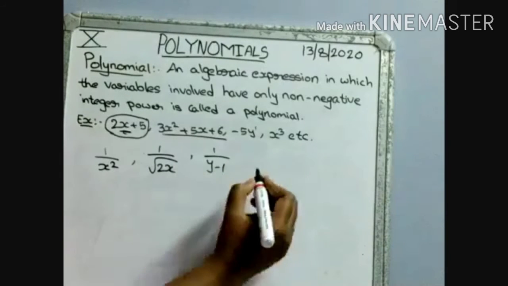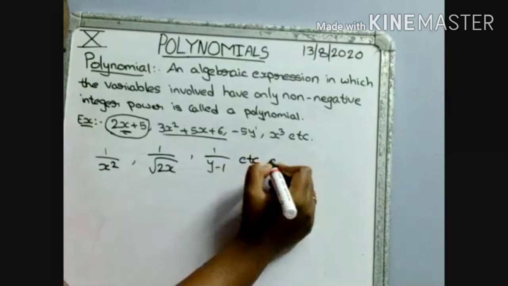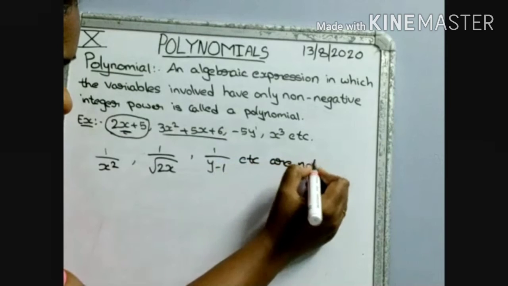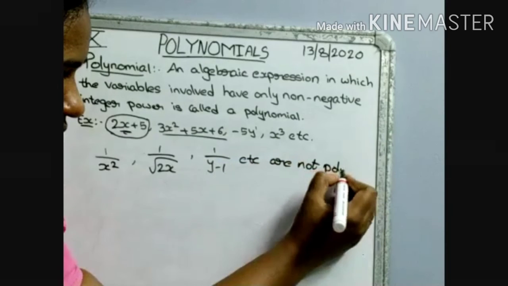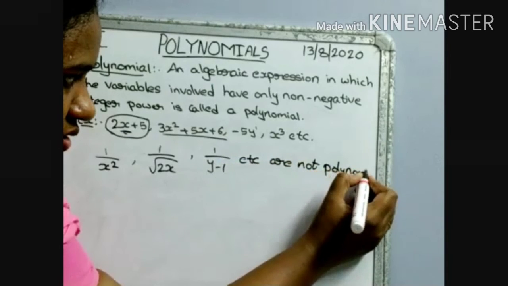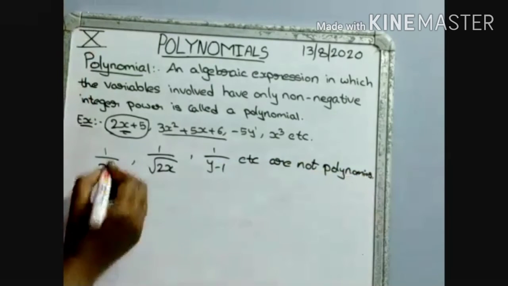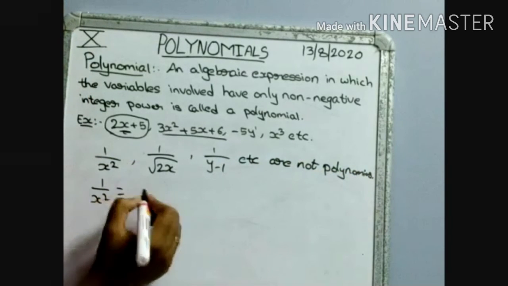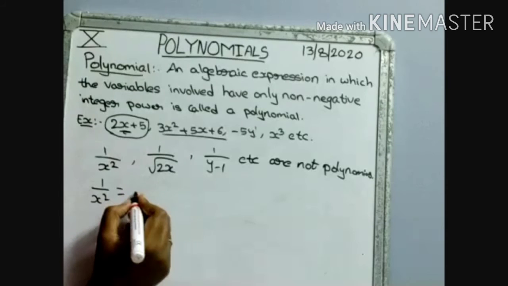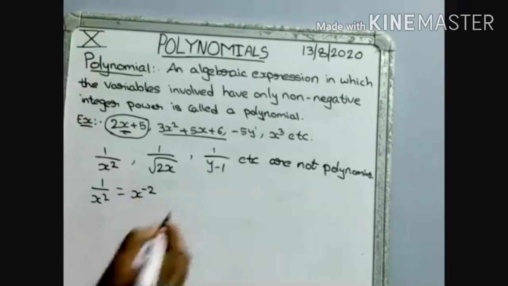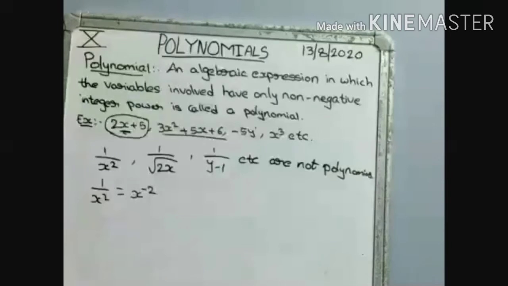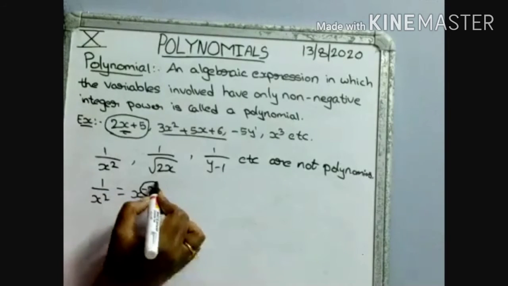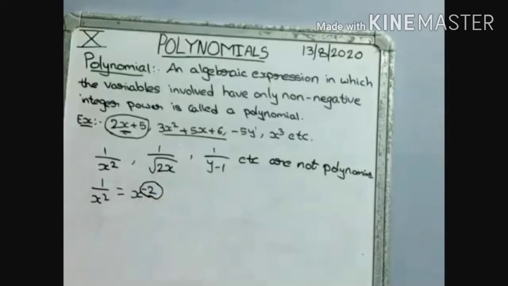Because see, here 1 by x square is there. How will we write 1 by x square? This will come upside, means x to the power of minus 2 we will write. Yes or no? 1 by x square means x power minus 2 only. So when we write like that, the power is negative. Minus 2 means that is the negative number.